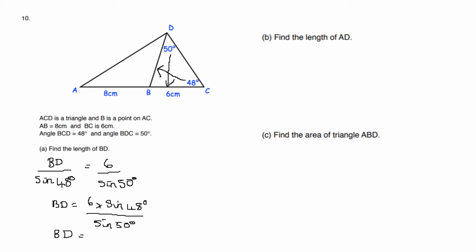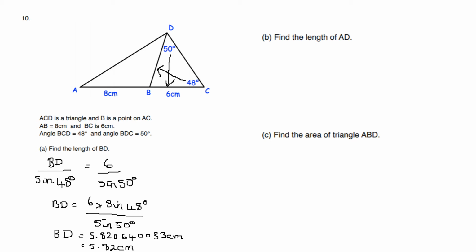So BD is 5.820640033 centimetres. Now you can round that, let's round that to 5.82 centimetres.